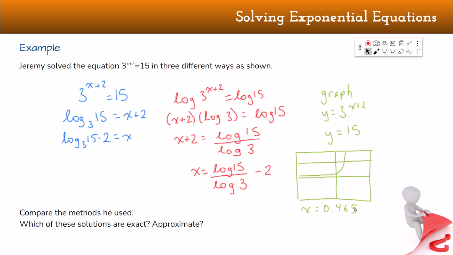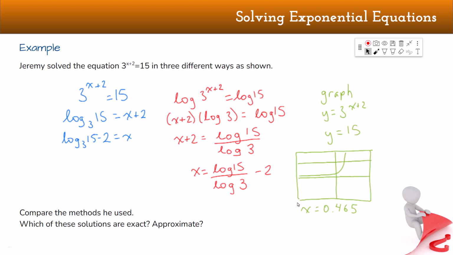The next part of the question is, which of these solutions are exact? Well, these here are exact solutions, in the blue and the red. They're exactly the value that we would have to put into our calculator, but remember the calculator is only going to spit back a rounded value, because this definitely isn't a whole number or an integer value.